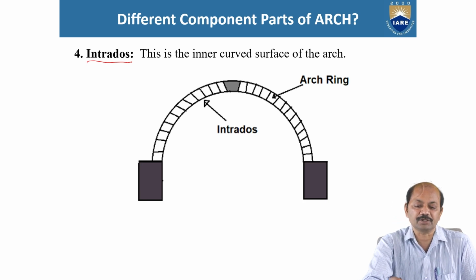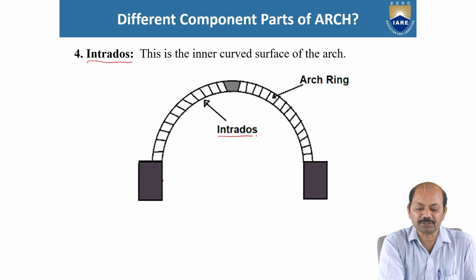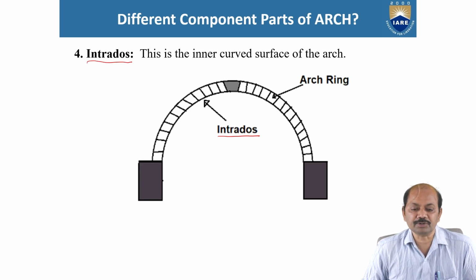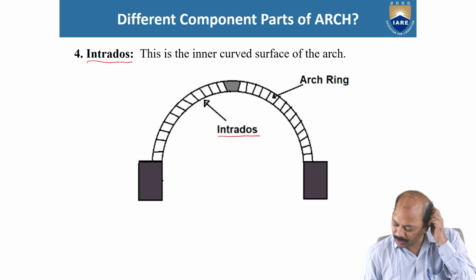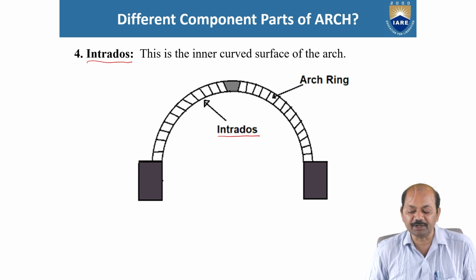You can see here, this whole surface all together is called intrados. Right? This is the fourth part. In total we have 18 parts of an arch. In this lecture, we'll cover all the 18 parts of the arch.